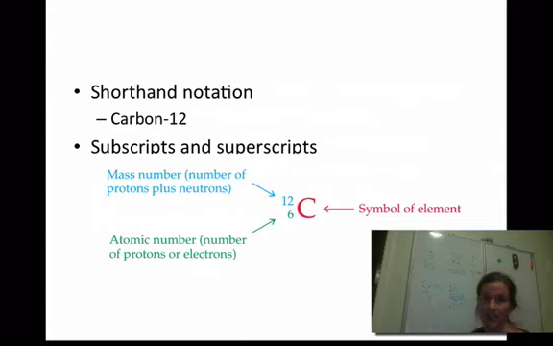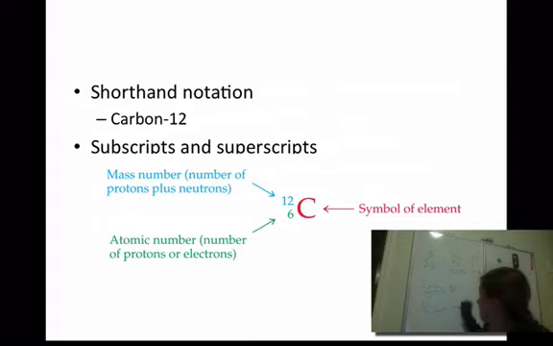Down, you would put the atomic number. And why we do this is to be able to do calculations. Given the shorthand notation or the superscript subscript notation, you should be able to determine number of protons as well as number of electrons.